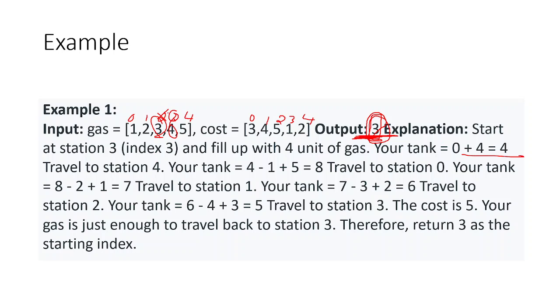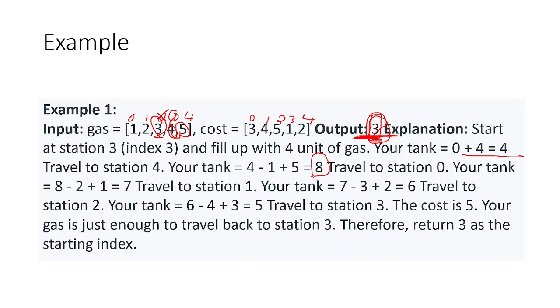Then you travel to the fourth station, and your tank will have 4 minus 1, because we are traveling 1 unit, plus 5.